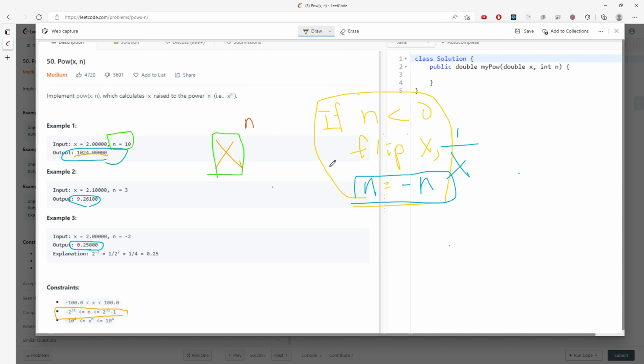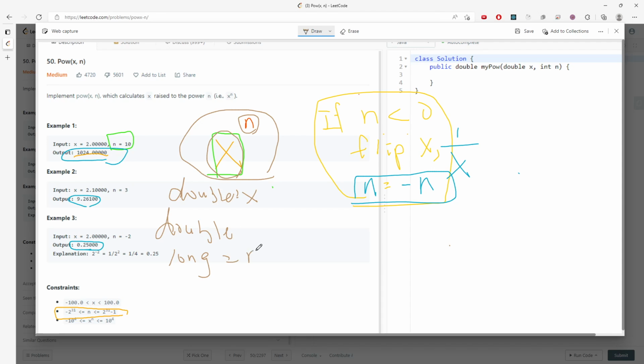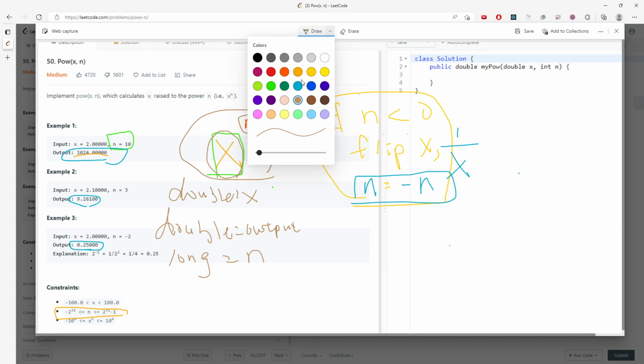We already know we should store the entire value in a double, and we should make n a long. So double for x, long for n, and double for output. Again, we can use a recursion solution.